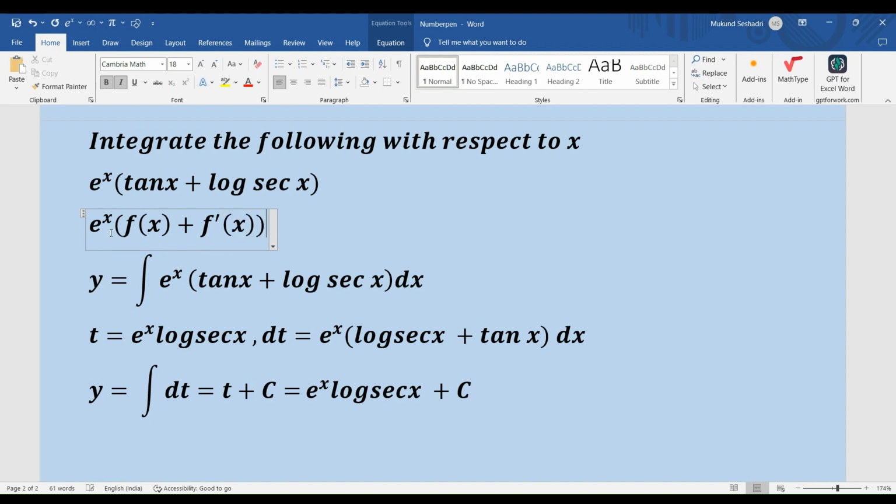So in this particular case, your f of x is log of secant x and your f dash of x is tan x, right? So the expression that you've been given is e to the power x times f of x plus f dash of x, right? And whenever you've been given a function of this type, the answer for that is e to the power x times f of x plus c, right?